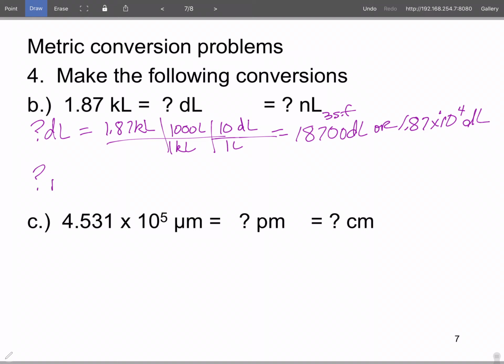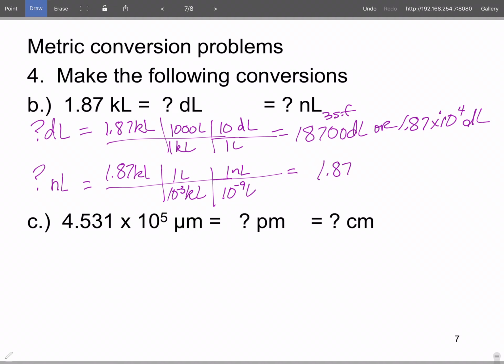In terms of nanoliters, now that gets fun. 1.87 kiloliters. Okay. 10 to the minus 3 kiloliters is 1 liter. And there are 10 to the minus 9th liters in 1 nanoliter. And so that gives us a whopping 1.87 times 10 to the 12th nanoliters.